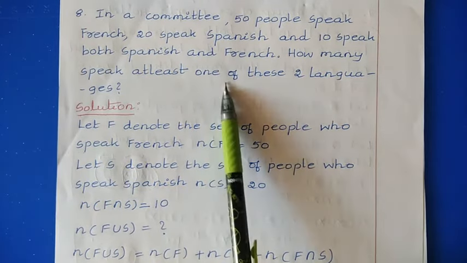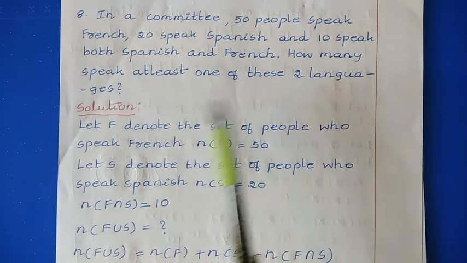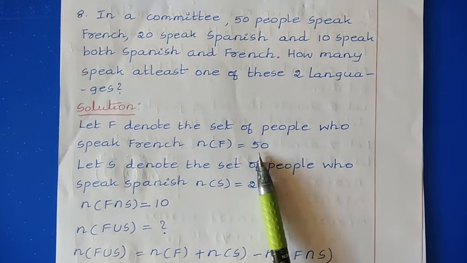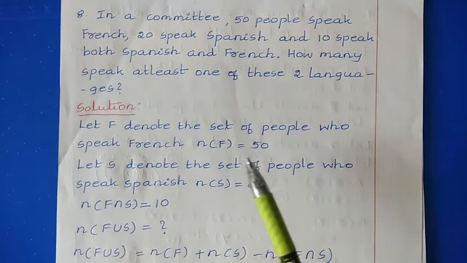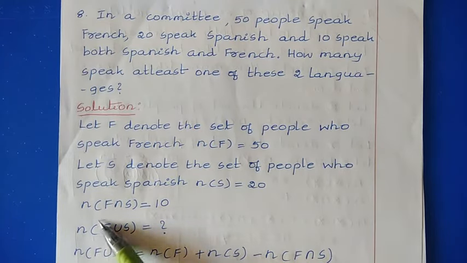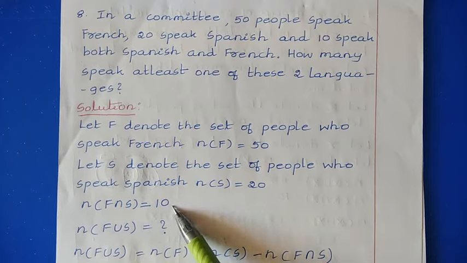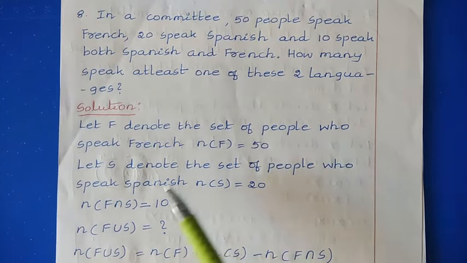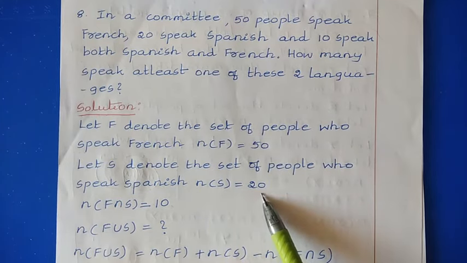They have given that 50 people speak French, so N of F is equal to 50. Then 10 speak both Spanish and French, so N of F intersection S equals 10. And 20 speak Spanish, so N of S equals 20.